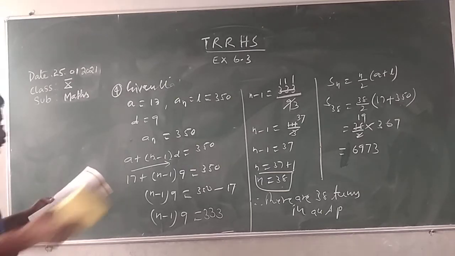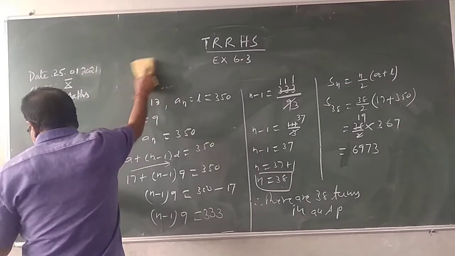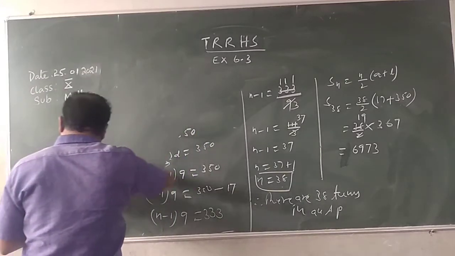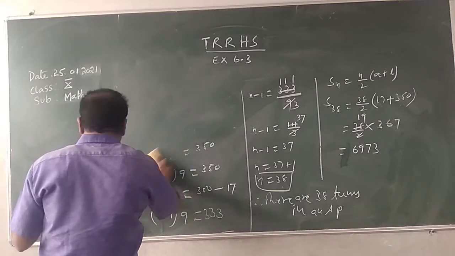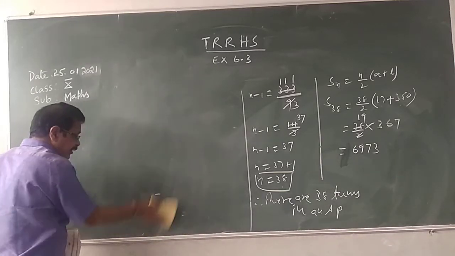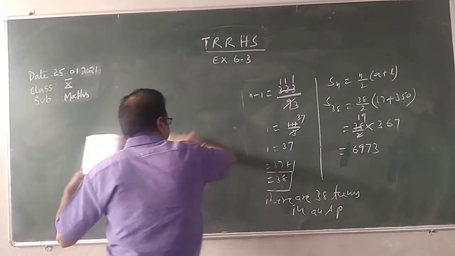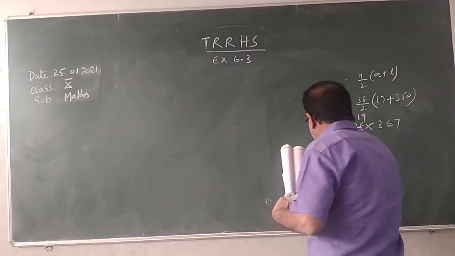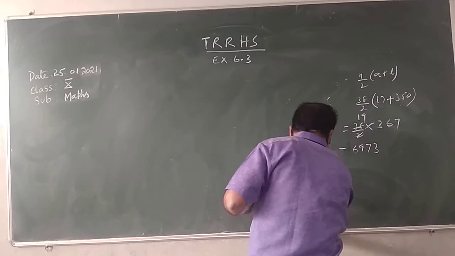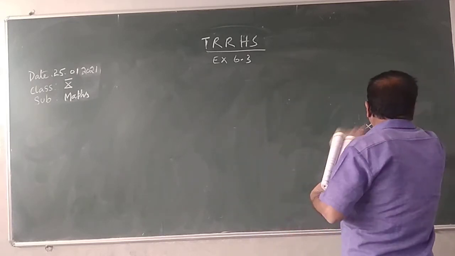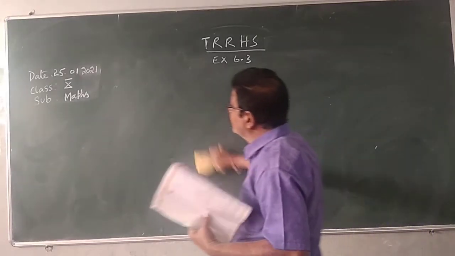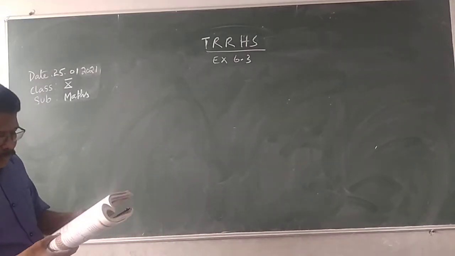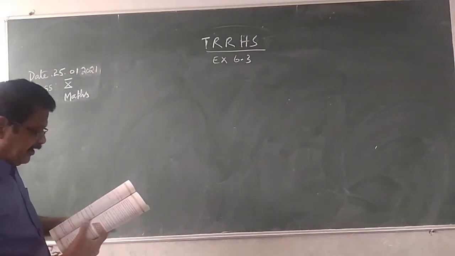Fifth problem. Find the sum of the 51 terms of an AP whose second term and third term are 14 and 18 respectively.